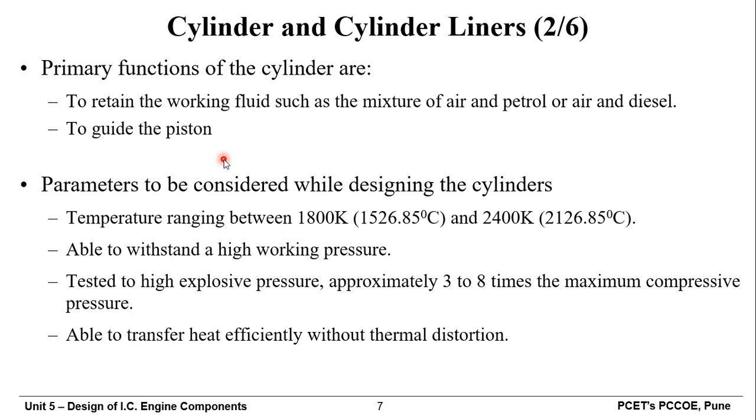And we know that if the temperature of a material increases, generally the strength of the material decreases. So we need to consider the operating temperature, and based on that we need to select the appropriate material.